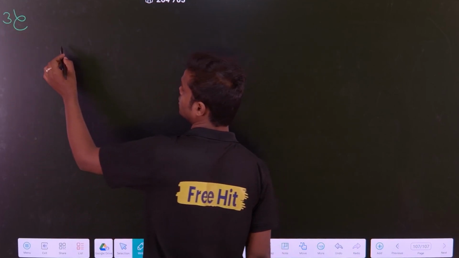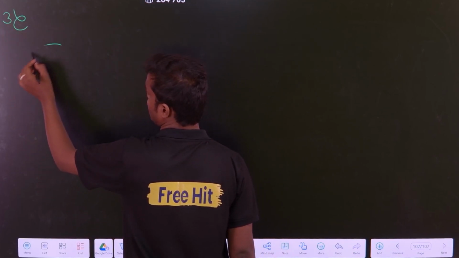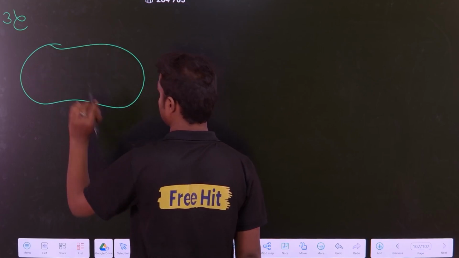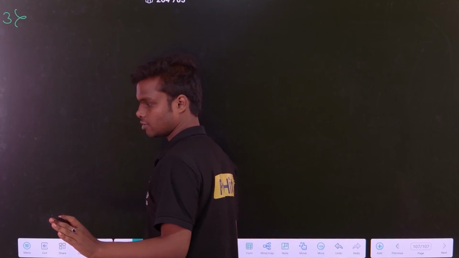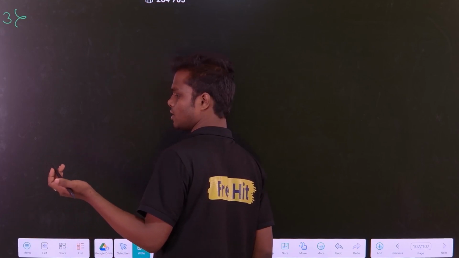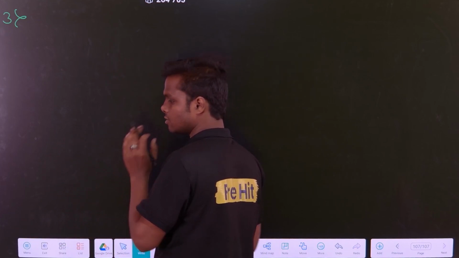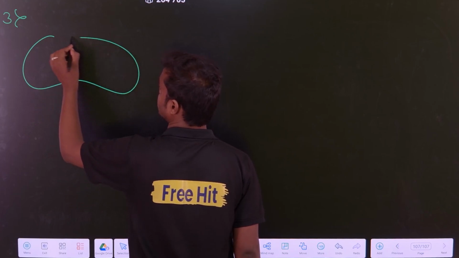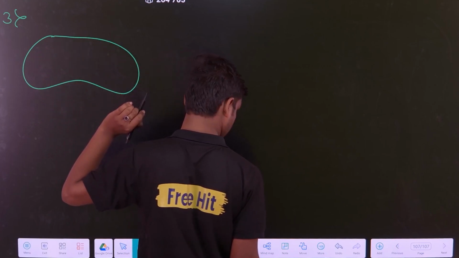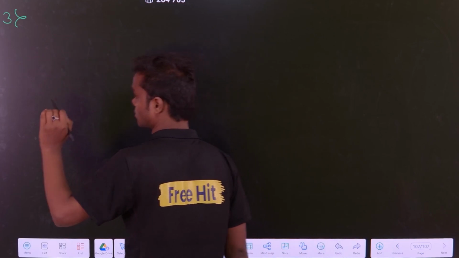The third property of the conductor is this. Suppose I have some conductor. I'm taking a general case, let's take some general shape.